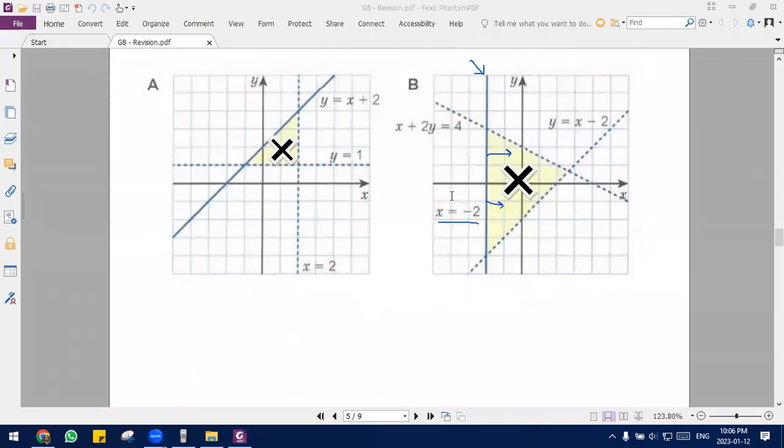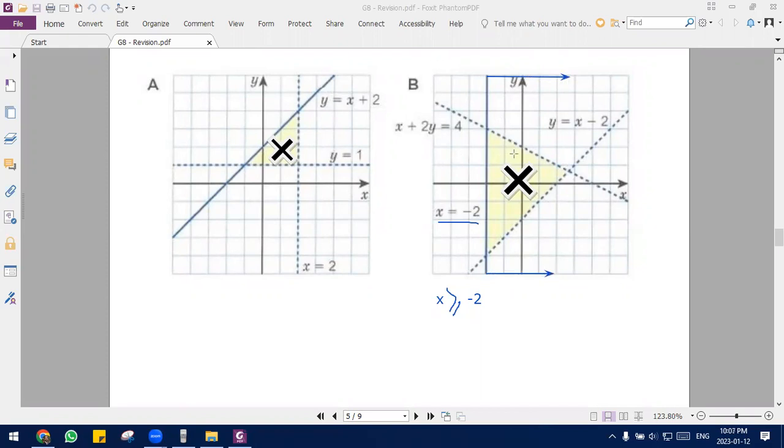So here, we can write it as x greater than or equal to minus 2. Like this, x greater than or equal to minus 2. Okay. Let me put the arrows. So I need the region to be to the right side.